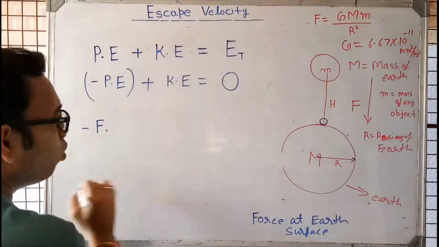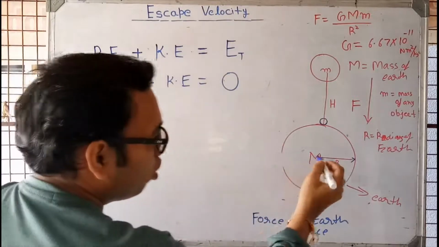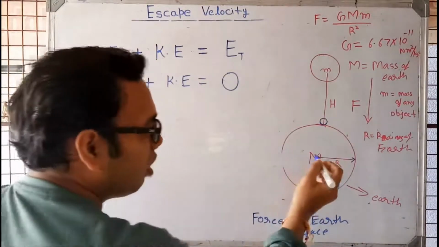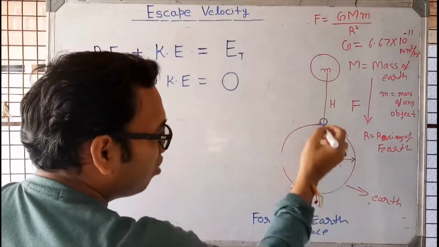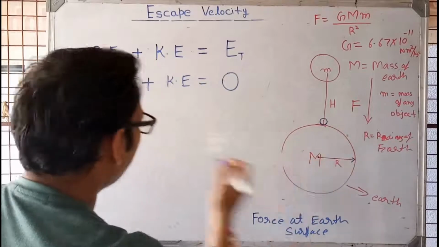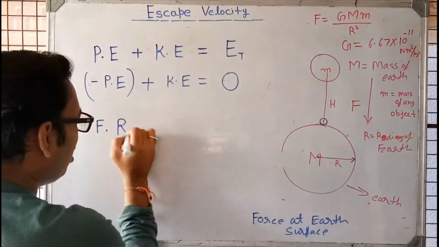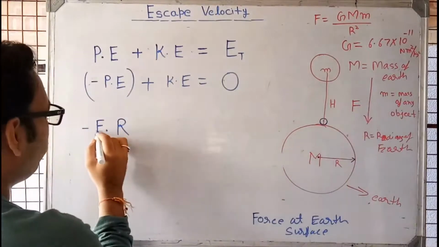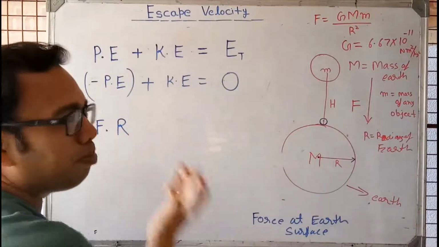At the surface of the earth, what is the distance for that object? That distance is r, and force is this same force. So force into displacement is the potential energy.